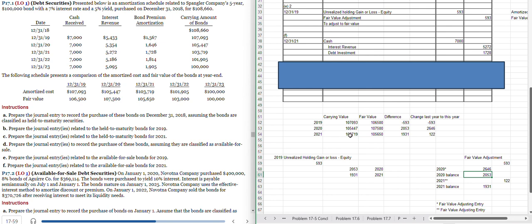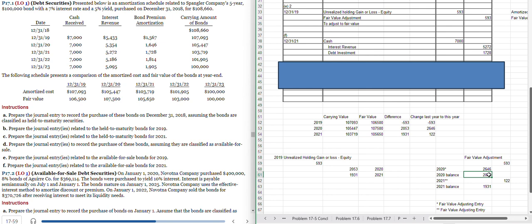In 2021, the carrying value was 103,719. The fair value was 105,650. There's a difference of 1,931. So at the end of 2021, we need to have a balance of 1,931. At the end of 2020, we had a balance of 2,053.